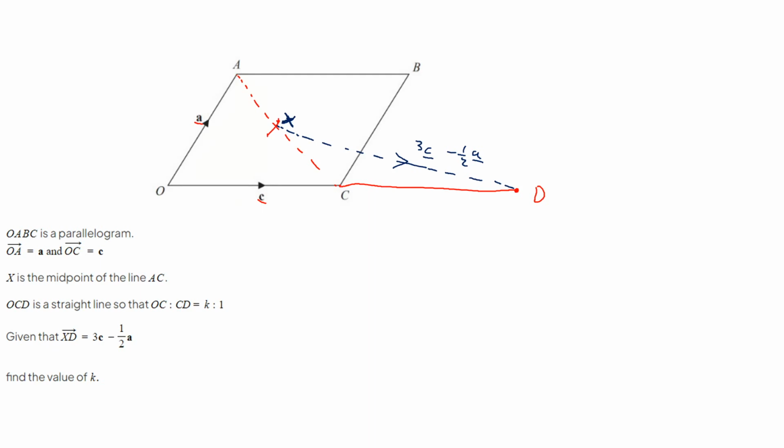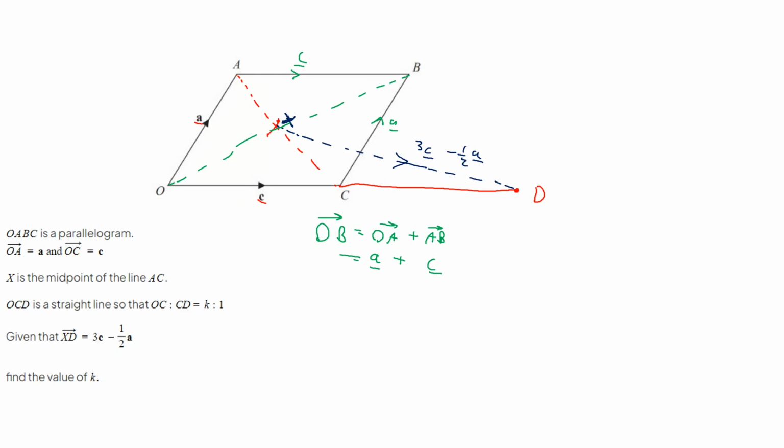We need to work out something. Well, what we can do is work out what O to B is equal to, isn't it? OB is equal to O to A plus A to B, which is the same as A plus C. Remember, it's a parallelogram, so this will also be C, and this will be A. And likewise, we need to do the same for AC.